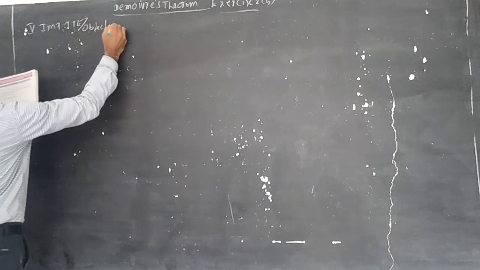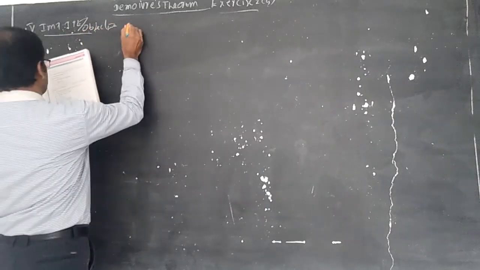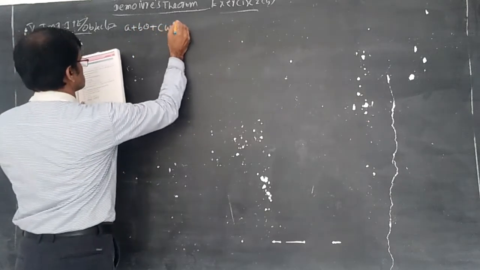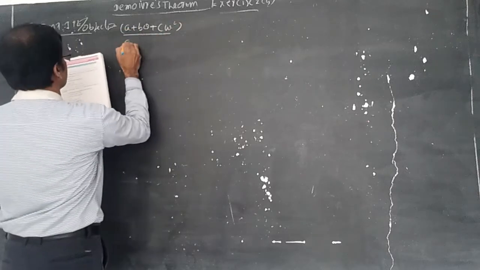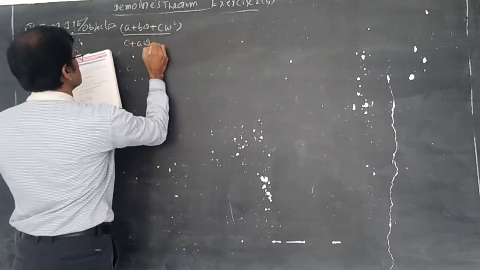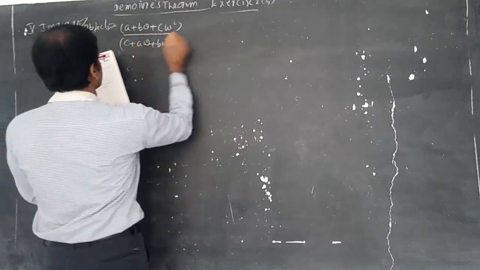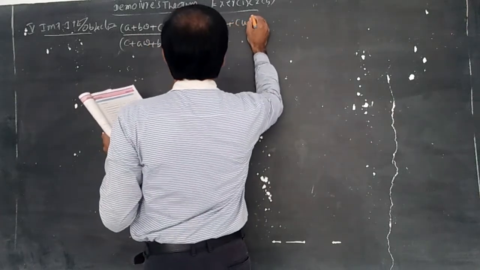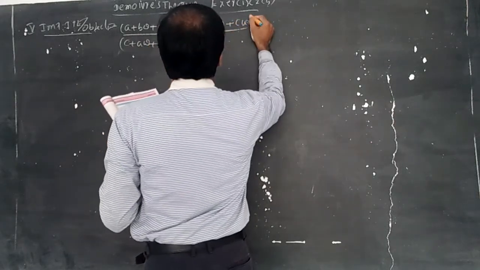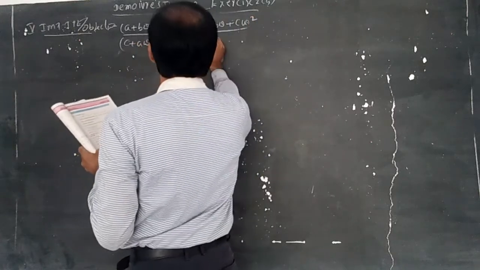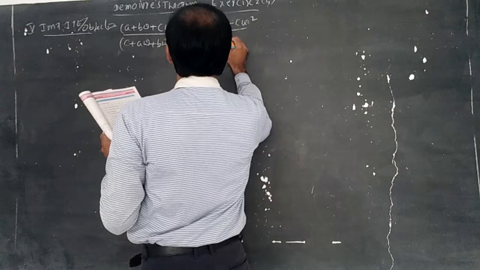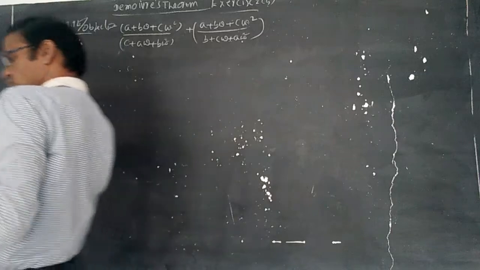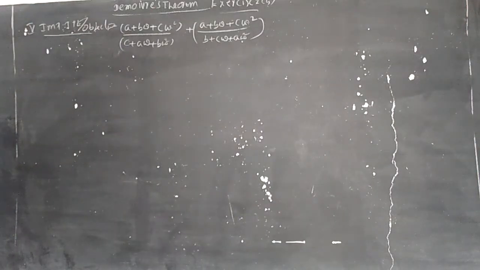This is IMP MSET bit: (A plus B omega plus C omega square) whole by (C plus A omega plus B omega square), plus (A plus B omega plus C omega) whole by (B plus C omega plus A omega square).